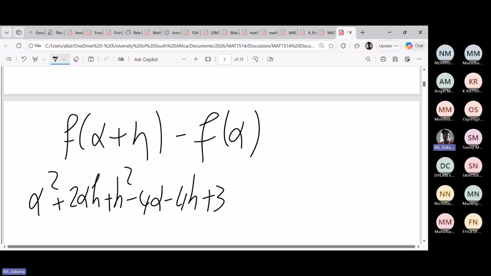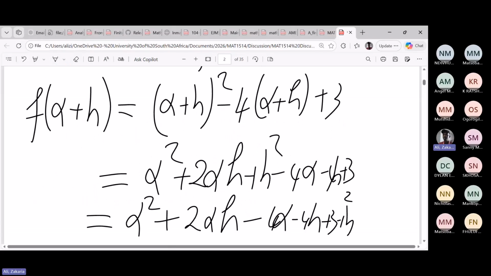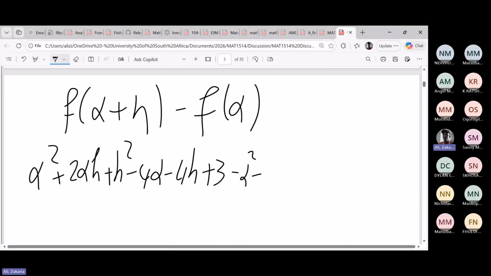Then f of alpha becomes minus alpha squared. Let me go and check f of alpha, minus alpha squared. So minus times minus becomes a plus, plus 4 alpha, and then minus 3, right? You can check if there are some issues.